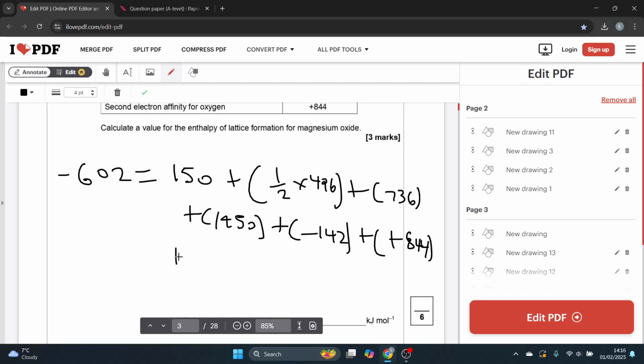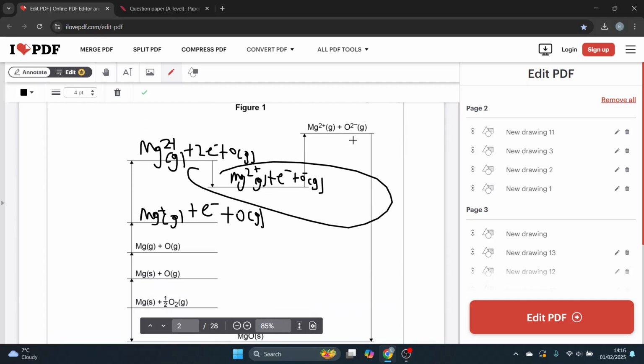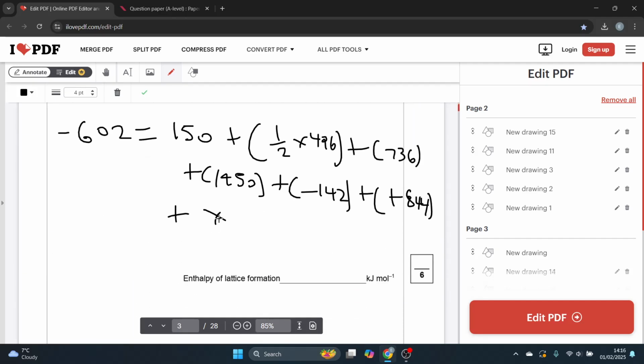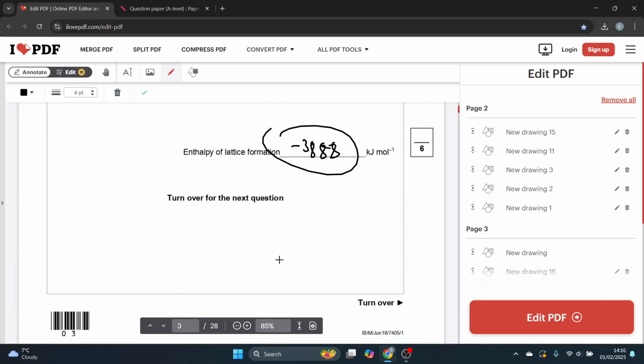And what's the thing I'm trying to find out? Enthalpy of lattice formation is this arrow, so plus this x value. Rearrange it and you should get minus 3888 kilojoules per mole to the power minus 1.